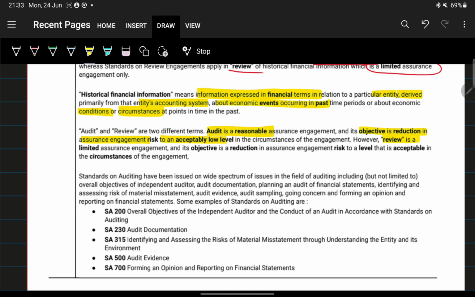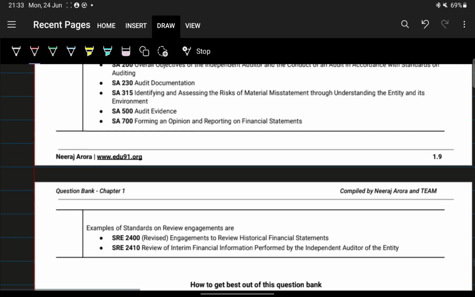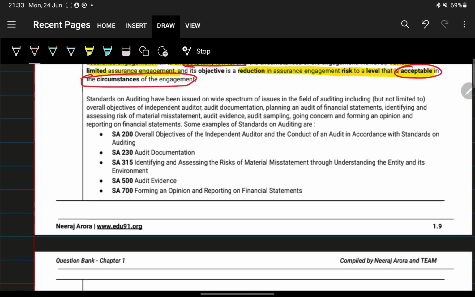However, in a limited assurance engagement, the objective is a reduction in assurance engagement risk to a level acceptable in the circumstances of the engagement, depending on the kind of assurance required. Basically it is not giving a very high level of assurance, it is giving a lower level of assurance as required in the circumstances.